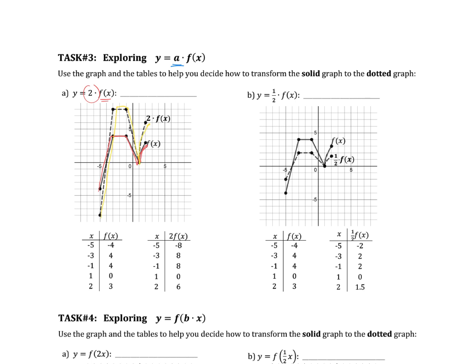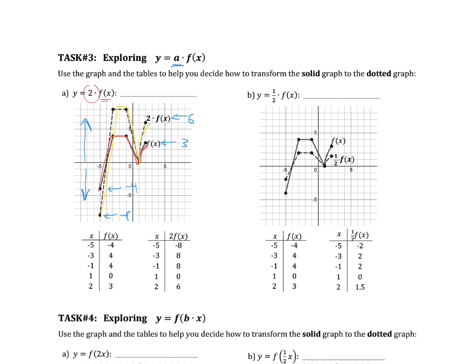Well, hopefully you can tell that if you think about what happens when we multiply something by 2 out front, it's taking that y-coordinate and multiplying by 2. So all the y-coordinates are getting twice as far away from 0, 0. They're getting twice as extreme as they were. This y-coordinate was 3, it has become 6. This y-coordinate was -4, it has become -8.